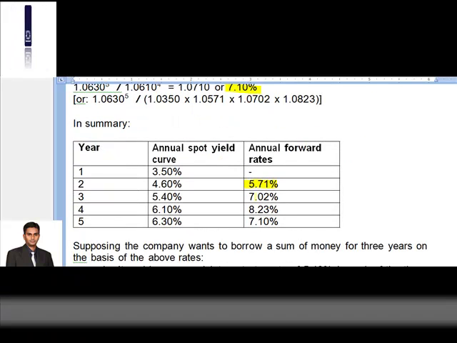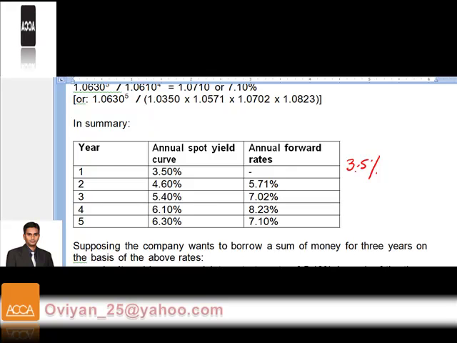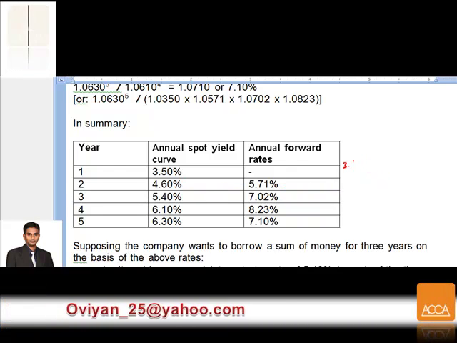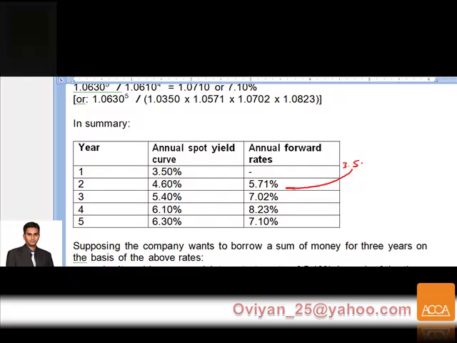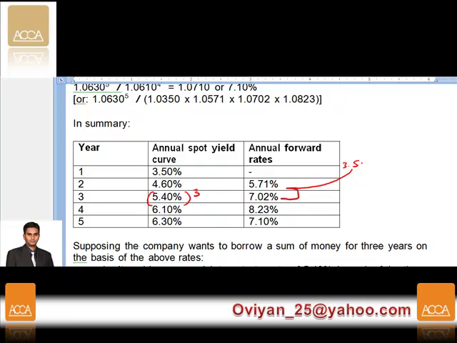This is going to be your annual forward rates for the interest. So in this case, if you borrow the first year, you're going to take 3.5. 3.5 times this one is equal to borrowing this one for 2 years. You can take 3.5 times this one, and this one is equal to borrowing this for 3 years.